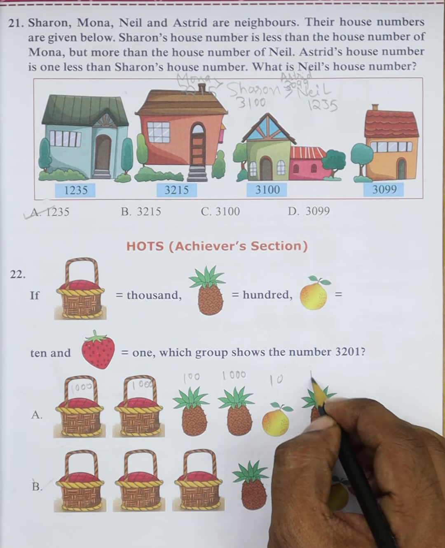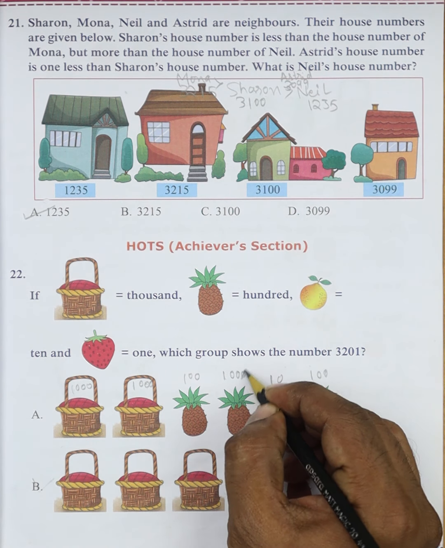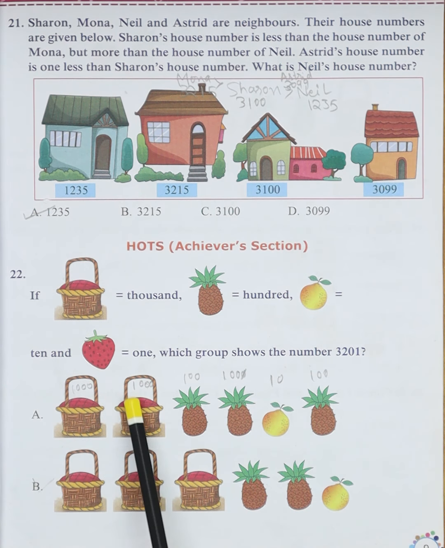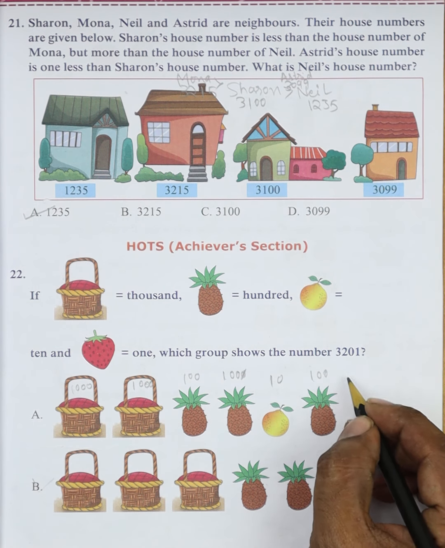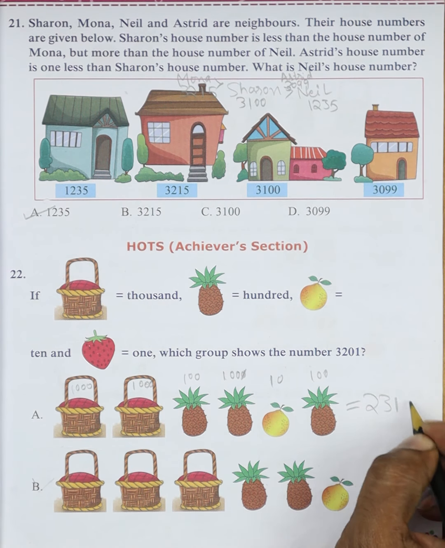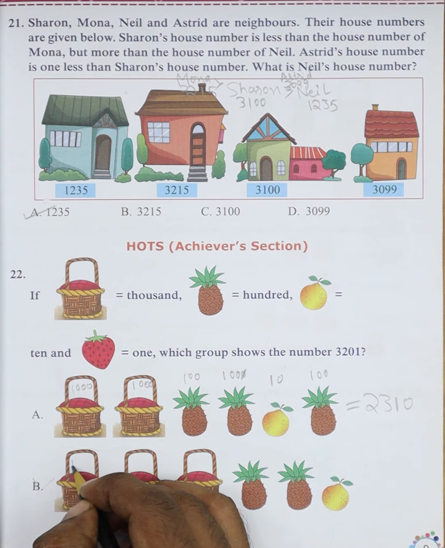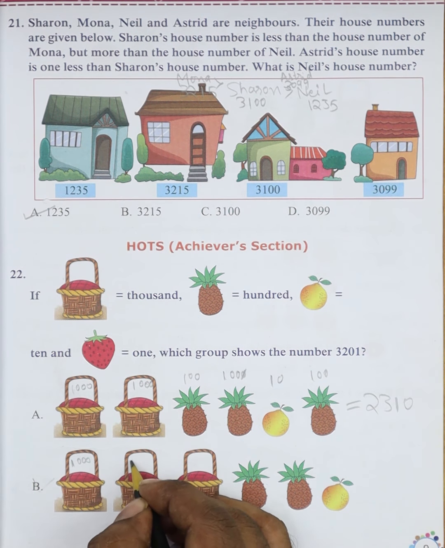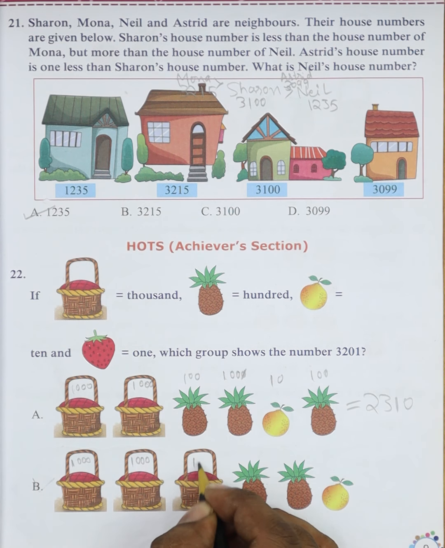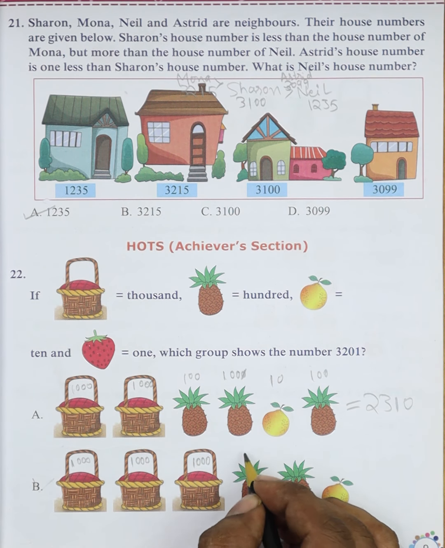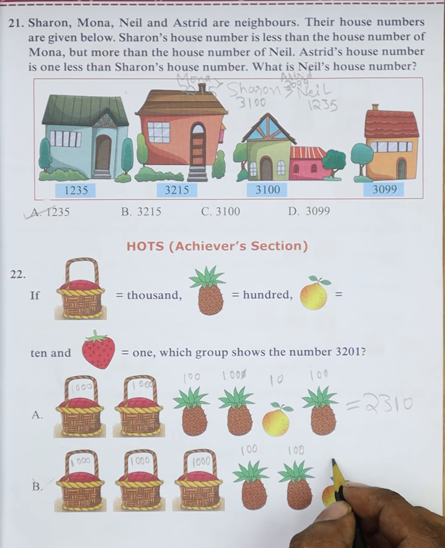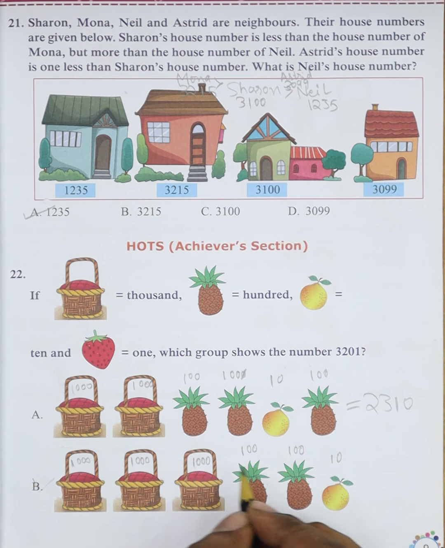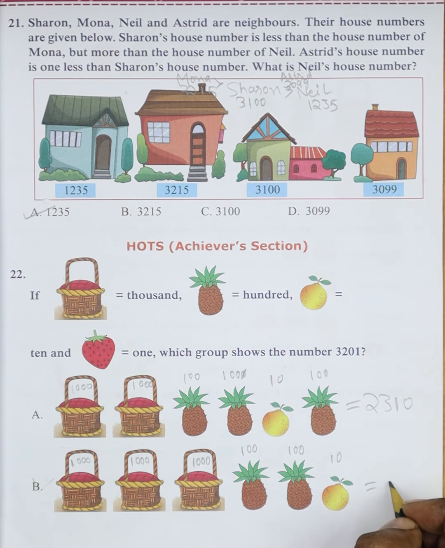So let me put this again. The basket is 1000, 1000, 1000, and the pineapple is 100, 100, and the mango is 10. So this will be 3210.